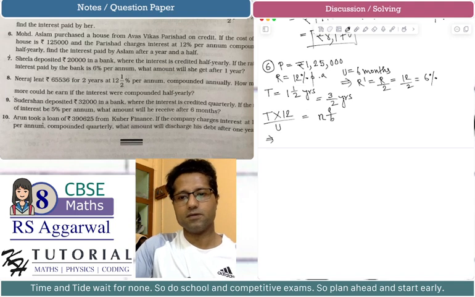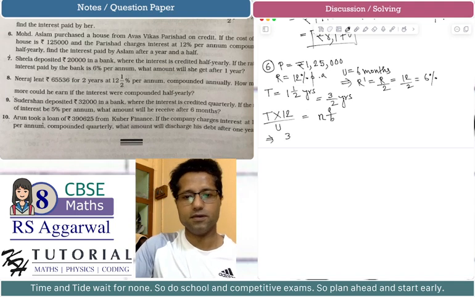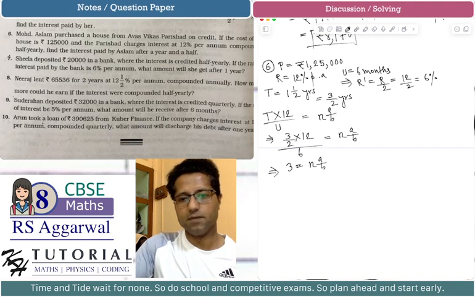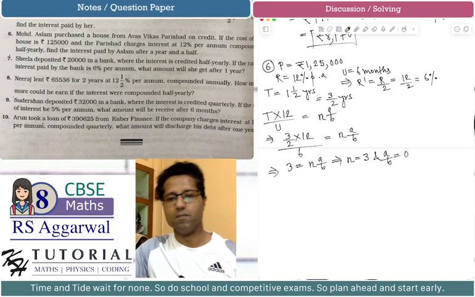So T is 3 by 2 multiplied by 12 divided by U, which is 6. So this implies 3 is equal to n a by b. So n is equal to 3 and the fraction a by b is equal to 0.